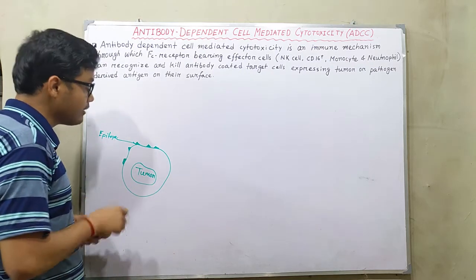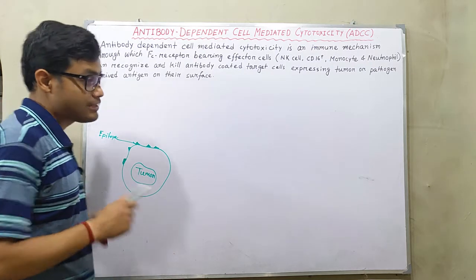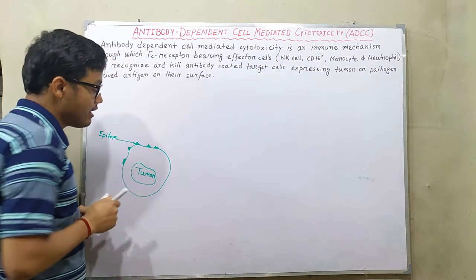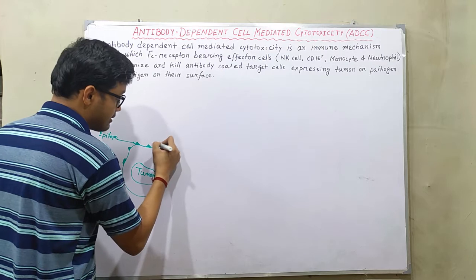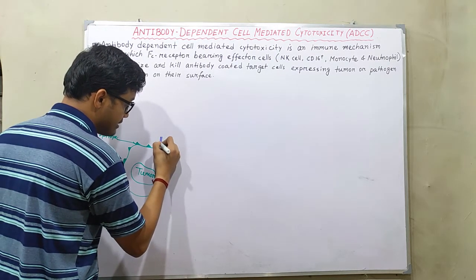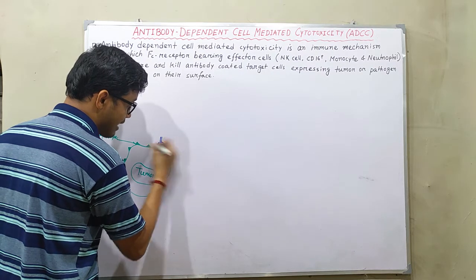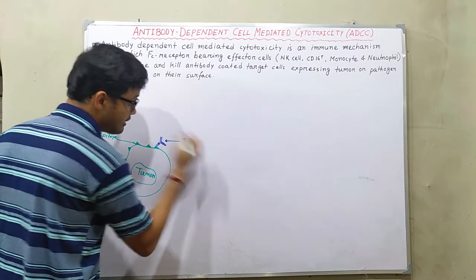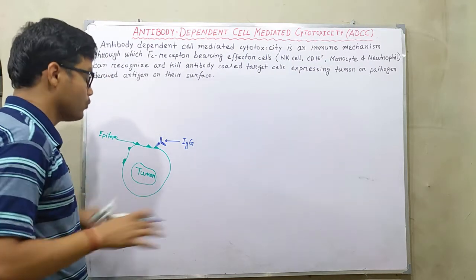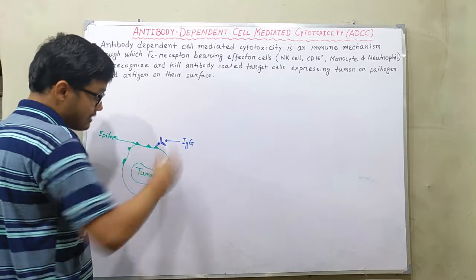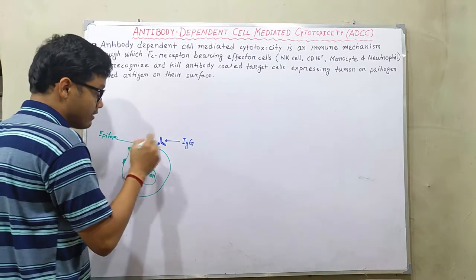Then a particular antibody that is present inside our body attaches to these tumor cells or infected cells, such as IgG. IgG is a specific immunoglobulin which binds with these particular epitopes present on the surface of the tumor cell.